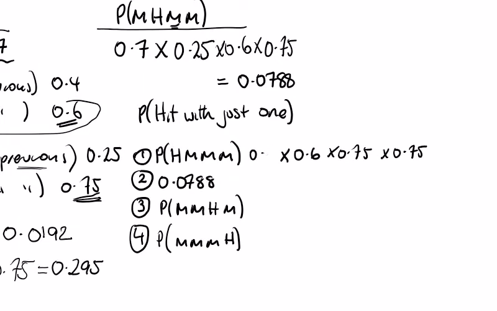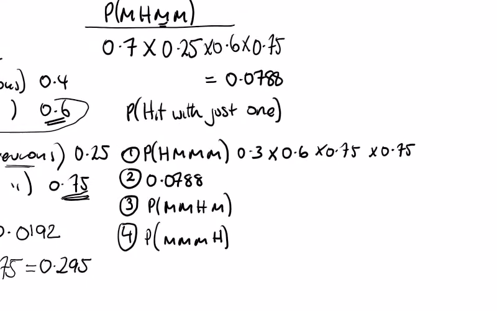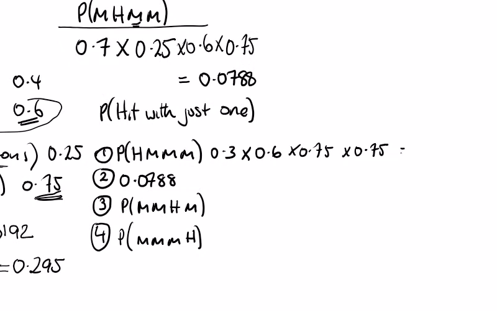So 0.3 by 0.6 by 0.75 by 0.75. It's 0.10125.